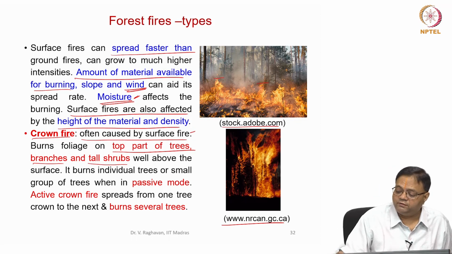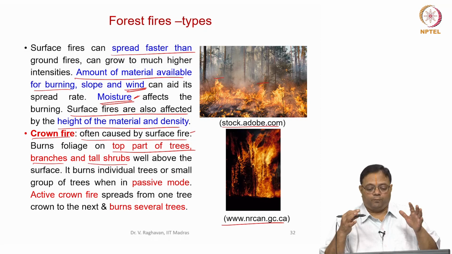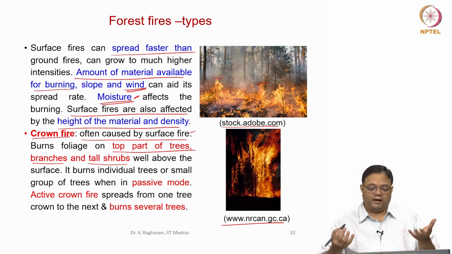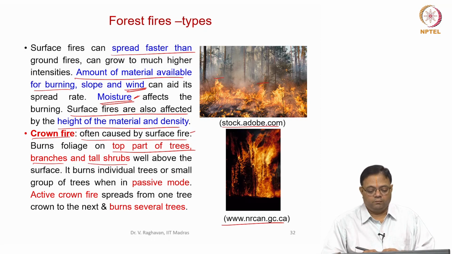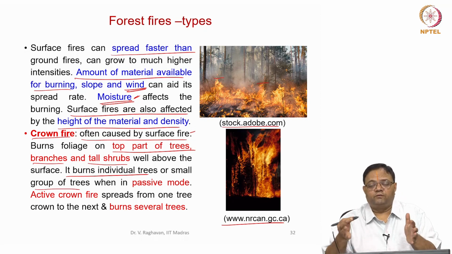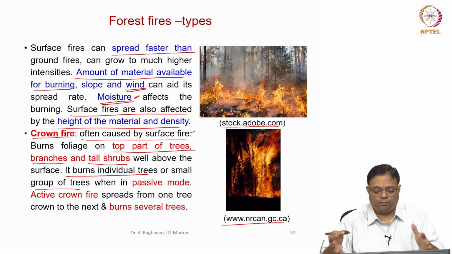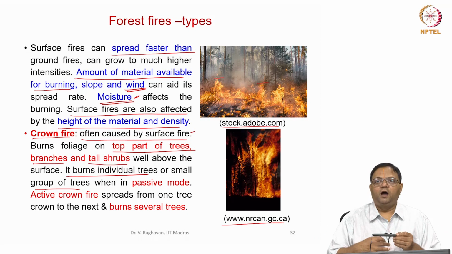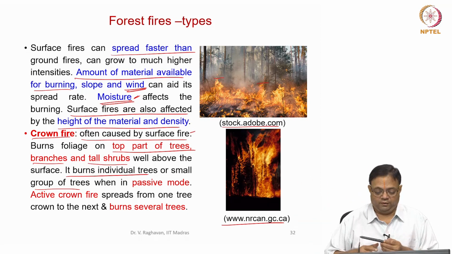This crown fire basically occurs in the top portion, or we can say the entire tree will be burning. So it burns individual trees or maybe trees which are very close to each other, forming a small group, that also will be burnt, and it spreads from one tree to another tree.